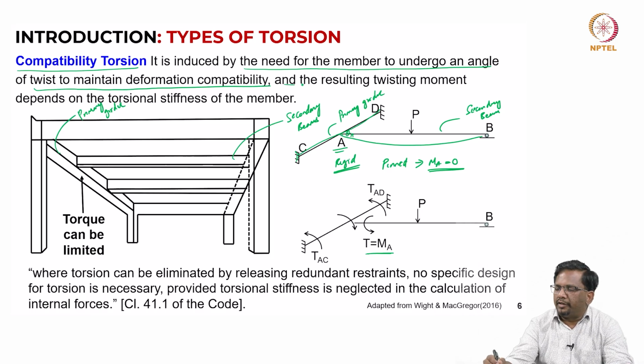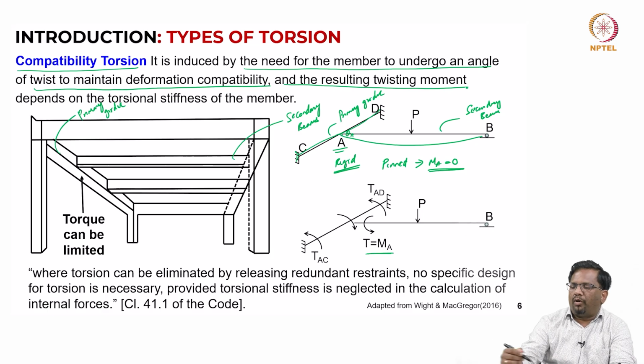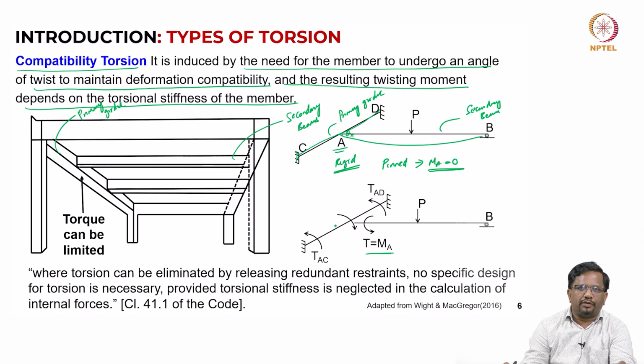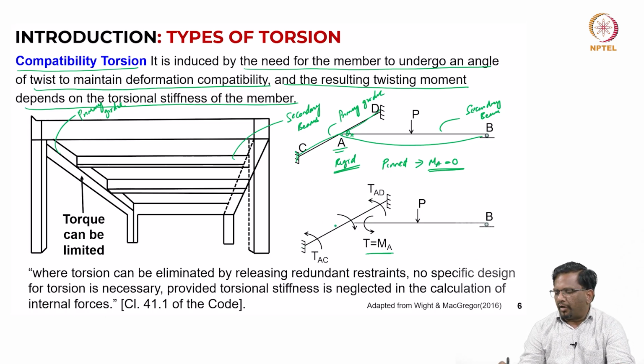The resulting twisting moment that is going to come on this primary girder will depend upon the torsional stiffness of the member. So, depending upon how stiff it is, that torsional or twisting moment will be generated. For example, you see here this T will be transferred to the two ends as TAC and TAD like this. How much each develops is based upon the relative stiffnesses of the members connecting at that particular joint.